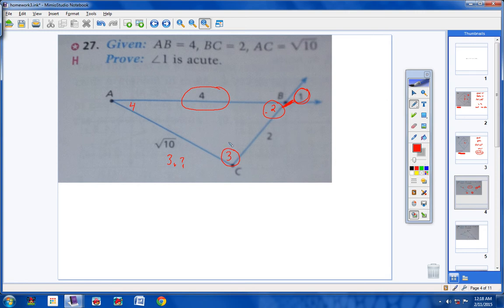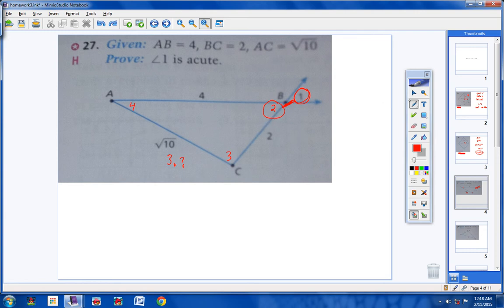If this is greater than 90, like 100 degrees, then these two angles here have to be acute. They have to. An obtuse triangle only has one obtuse angle. We learned that, okay? So my goal here is to either show that I have an acute triangle or an obtuse triangle, and then tie that into angle 2 being congruent to angle 1 and going from there.